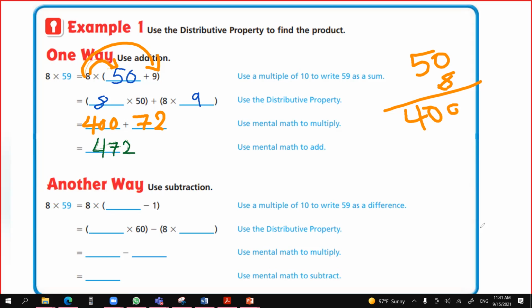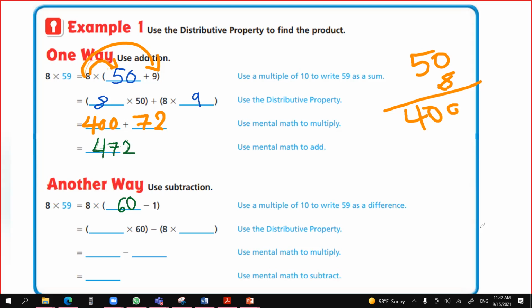Then there's another way that you may use subtraction. You say, it's okay, 59. I didn't want to say that it's 50 plus 9. I want to say that it's 60 minus 1. Is it the same? Is 60 minus 1 59?